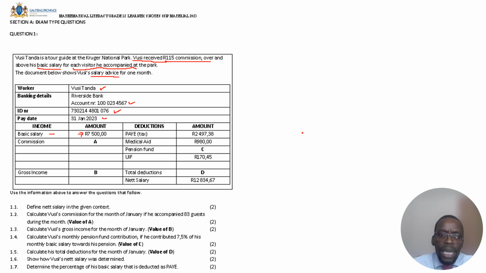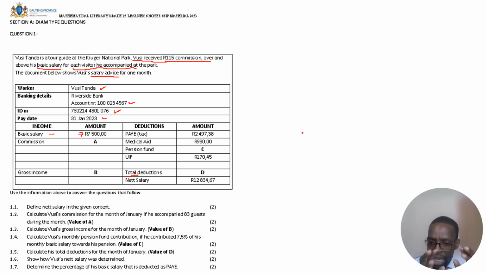Okay, right. And then we also have things like pension, we can see there, which is our non-taxable deduction, and then we also have total deductions. Now you need to understand that whenever we use the word total, what it means is we are adding. When you say total deductions, it means it's the sum of all deductions.